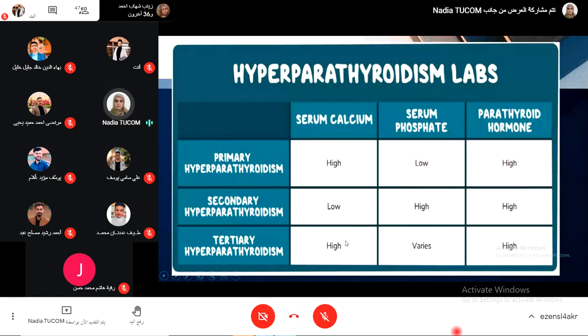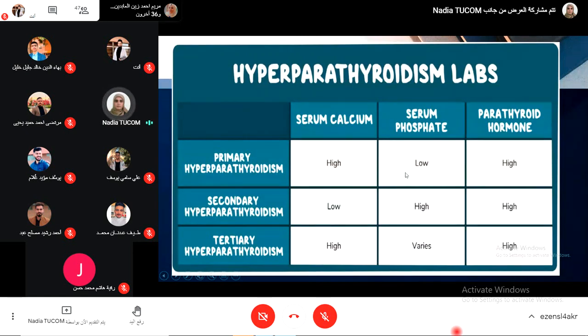In primary hyperparathyroidism, there will be high serum calcium and low serum phosphate. The kidney is unable to filter phosphate properly into the urine. The parathyroid hormone is elevated. In the secondary type, the serum calcium is lowered in a patient with chronic renal failure, with unable to filter phosphate.